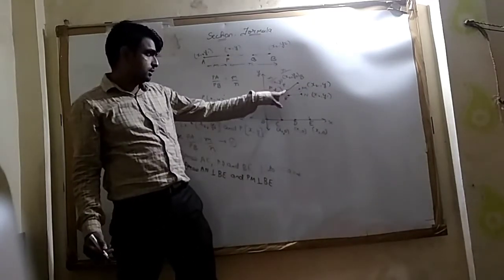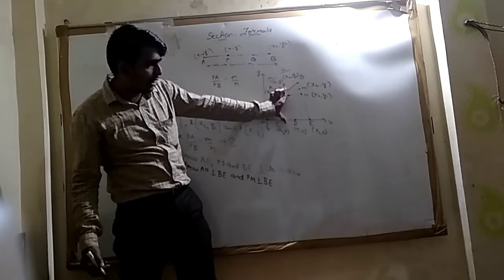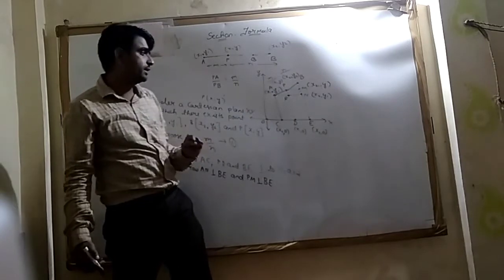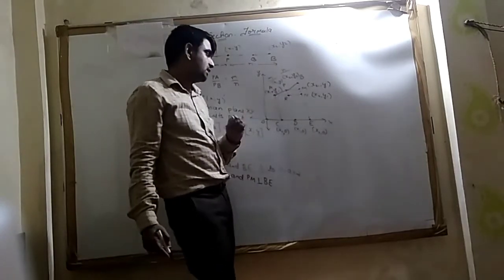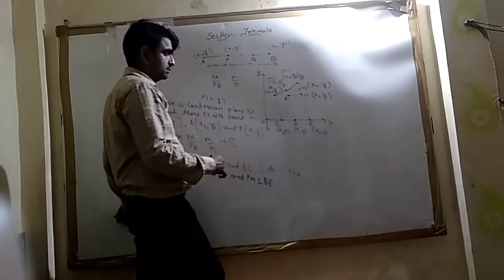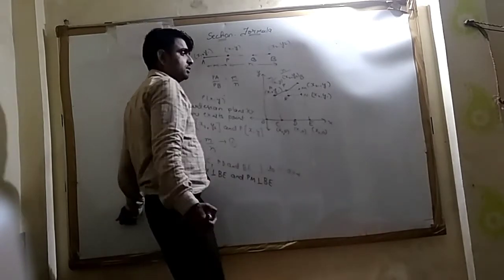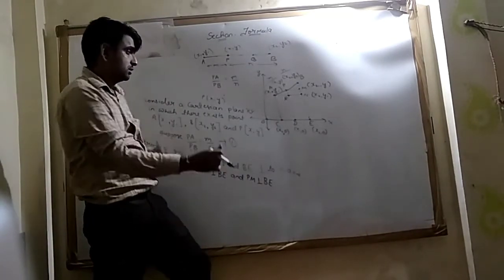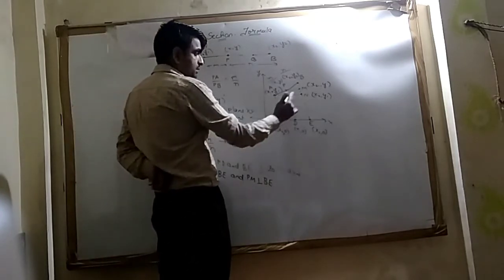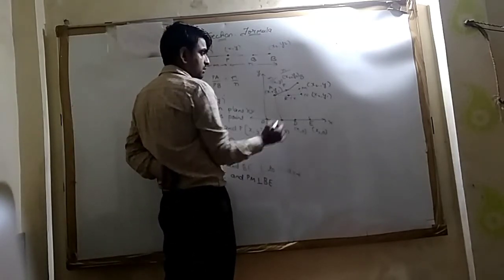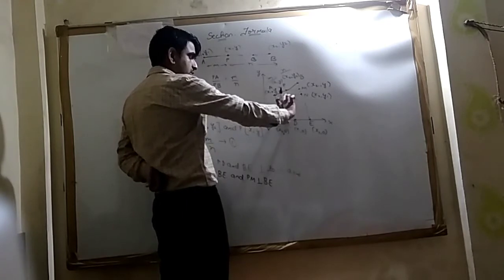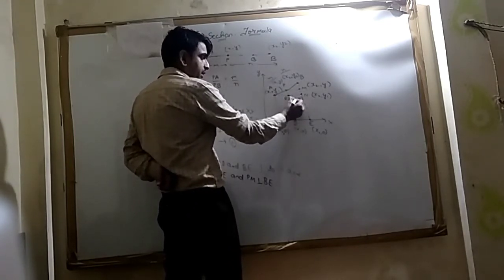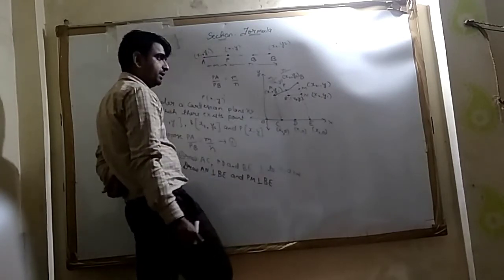See here, this much distance is y, we have considered it here, so this is y. Now what will be this R? See, x and this much distance is y1, so this R will be x comma y1.